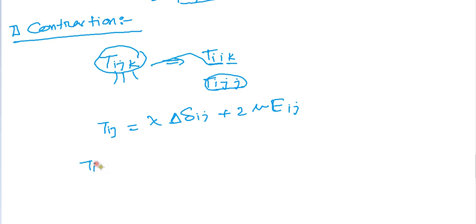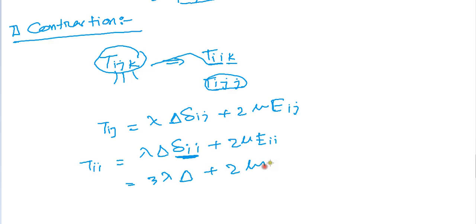For example, we write T_ii, substituting i for j: lambda del times the Kronecker delta ii, plus 2 mu e_ii. We know the Kronecker delta ii is 3, so we get 3 lambda del plus 2 mu e_ii.